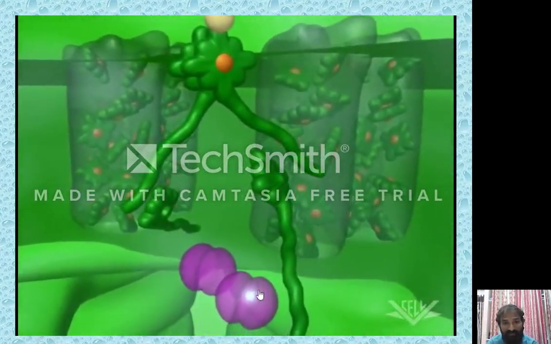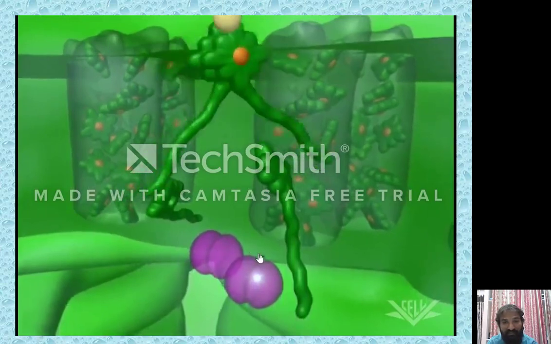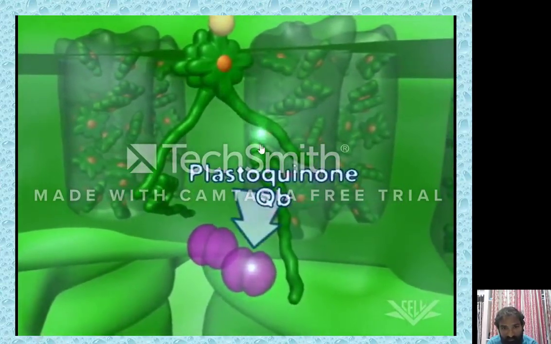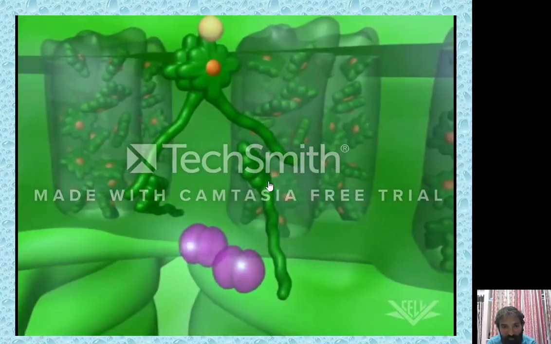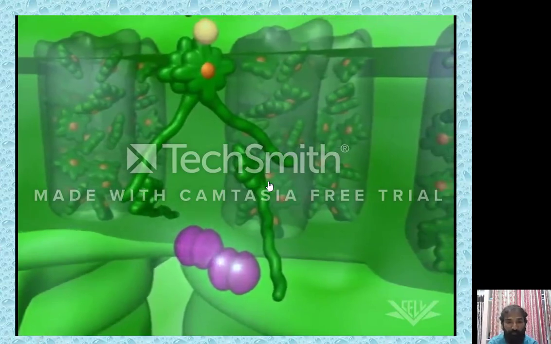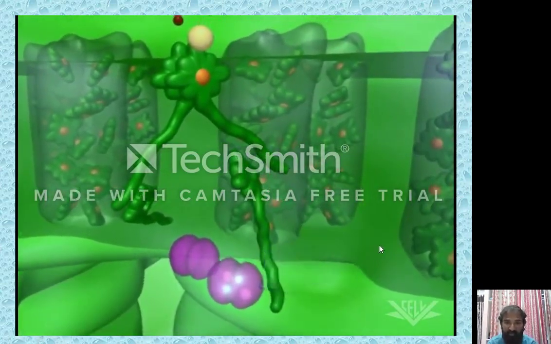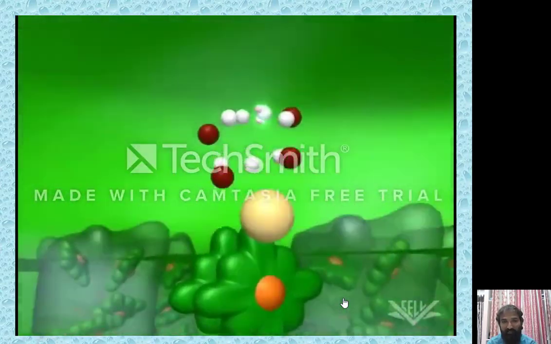These electrons are carried through, as you see here, the chlorophyll releases the electrons and they are received by plastoquinone. This plastoquinone also receives protons, and it moves because it is a carrier protein.